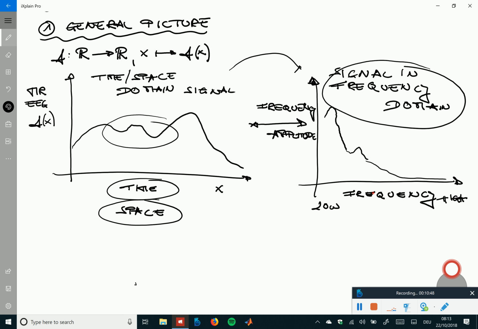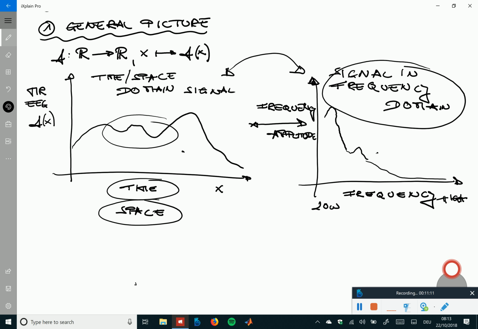So that one can either look at a signal this way or this way. And if one records a signal this way, one can go back and reconstruct, and that's a fundamental thing in MR, reconstruct a signal in, in this case, the space domain.